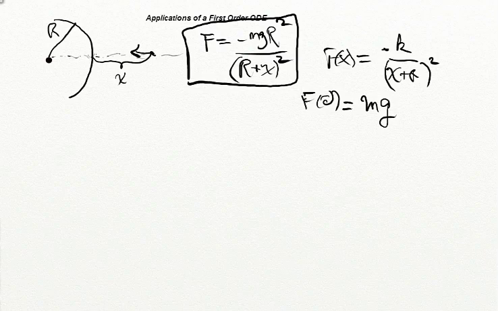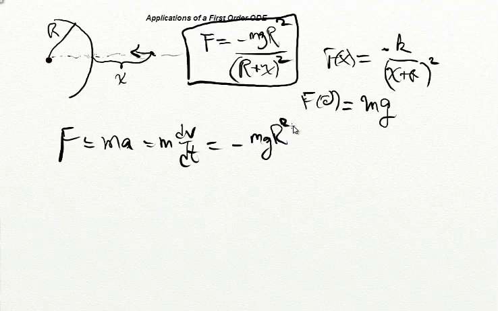Okay, let's invoke Newton again. It says that F equals ma, which is m dv/dt. And so that will be equal to minus mg r squared over (r plus x) squared. Looks like a first-order differential equation.